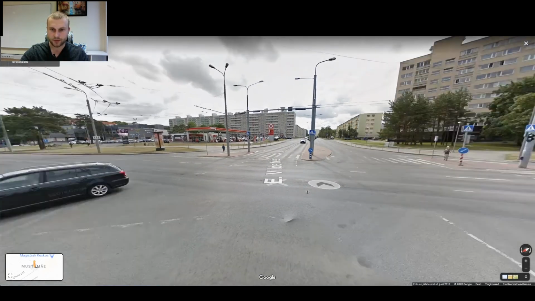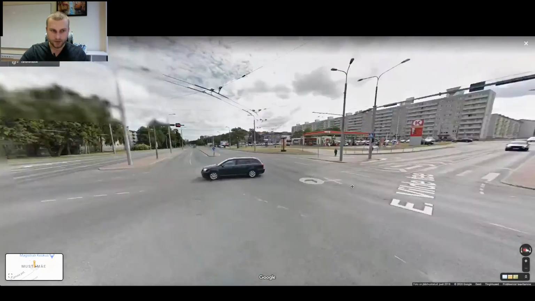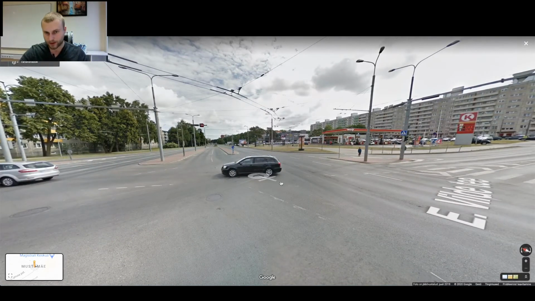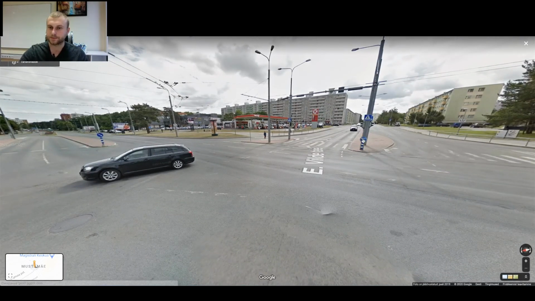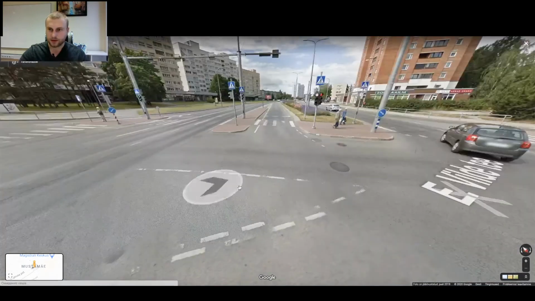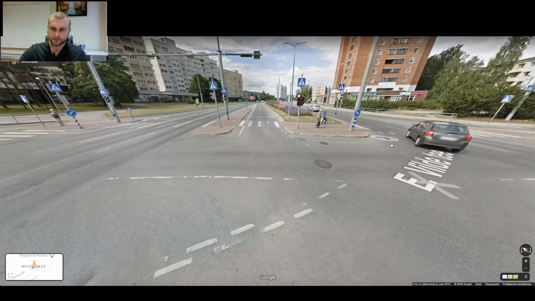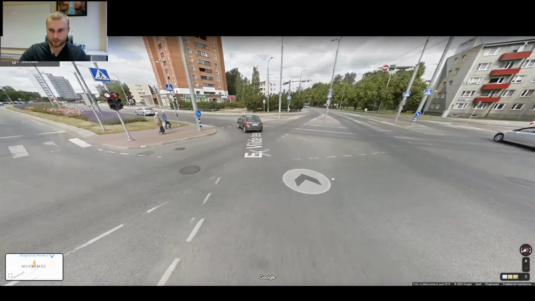Like here, it's Mustamäe crossroad. For example, if you turn from here left, you can see blue sign, mandatory, it's the mandatory way of your car. It means you have to overtake the safety island only from the right. You cannot enter the oncoming traffic, of course. The same here, only from the right.